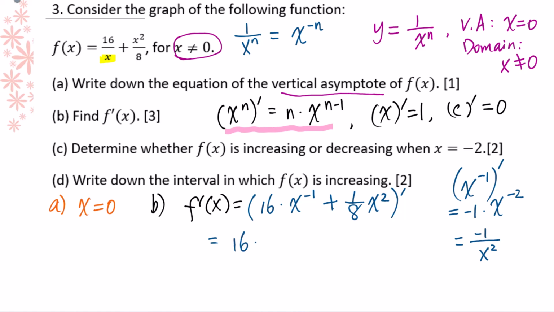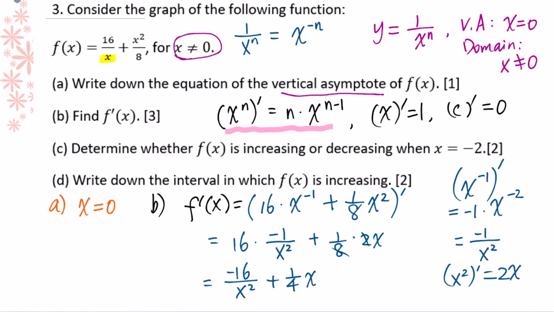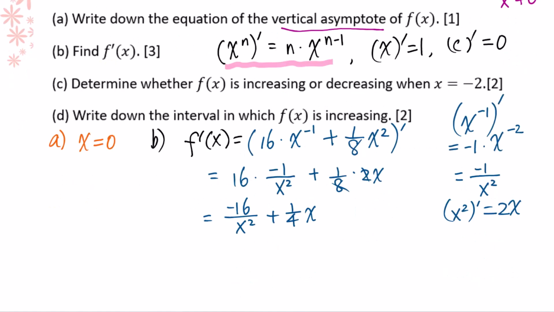Equals 16 times negative 1 over x squared plus 1 over 8 is a coefficient. X squared prime equals 2x times 2x. Simplify. 16 times negative 1 is negative 16 over x squared. Reduce. Plus 1 over 4x. Let's go to C.